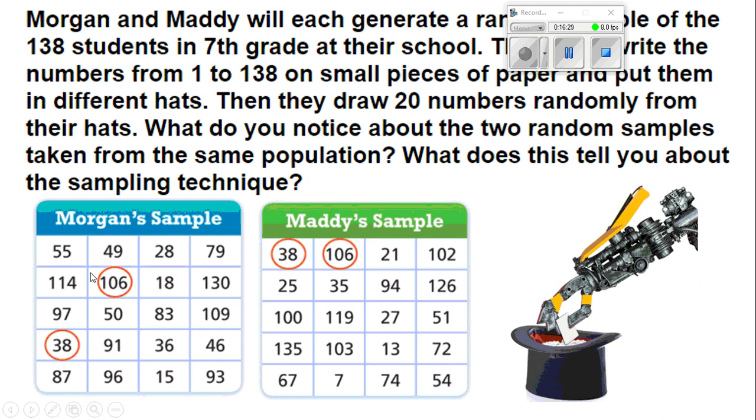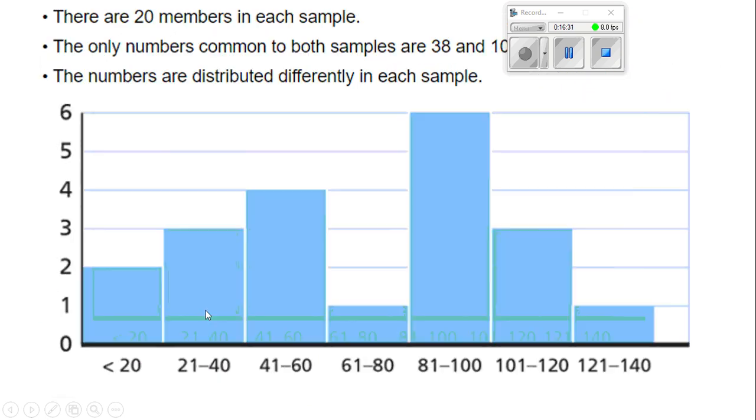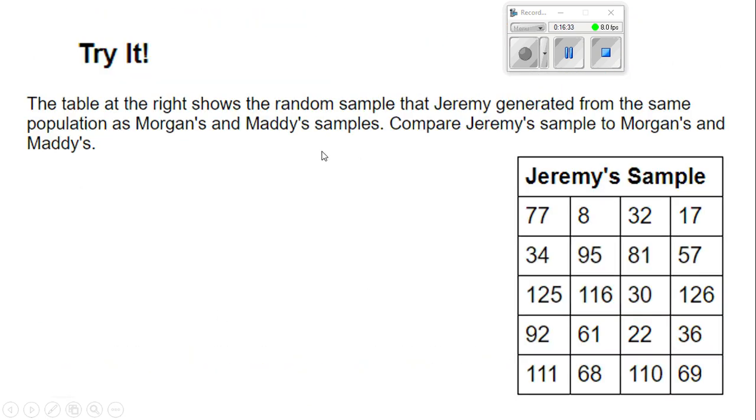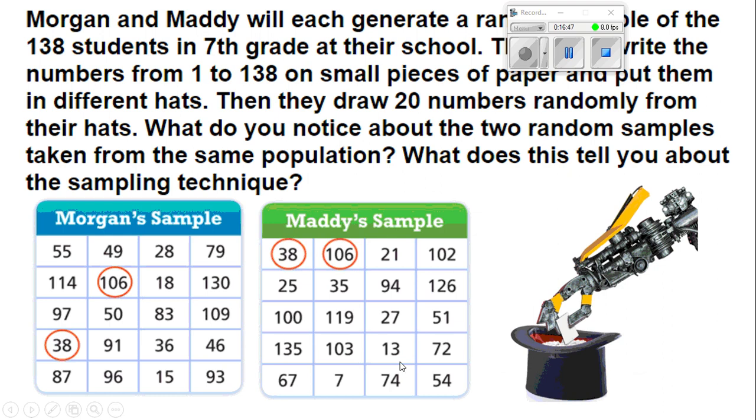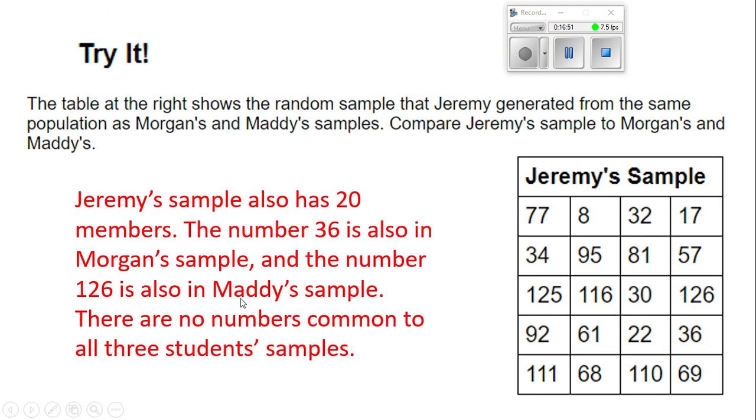And Morgan's sample does have 36 in it. 126 is also in Mandy's sample. So they're saying that 126 right here is also in Mandy's sample. And there it is. There are no numbers common to all three student samples.